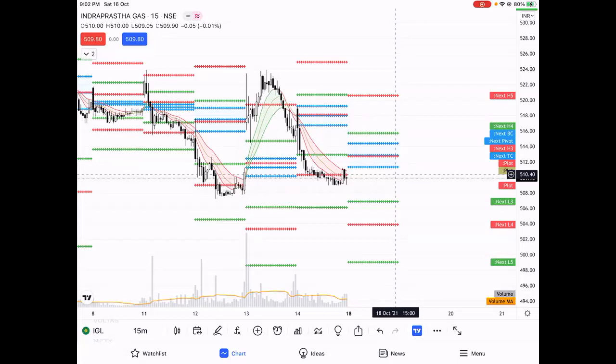But until and unless BC is broken, you would not say that the particular GPZ is invalid, right? Because till BC is protected, that particular bullish GPZ tends to remain intact, and the trigger is actually pending, correct?